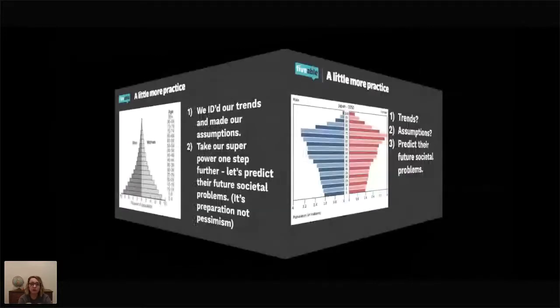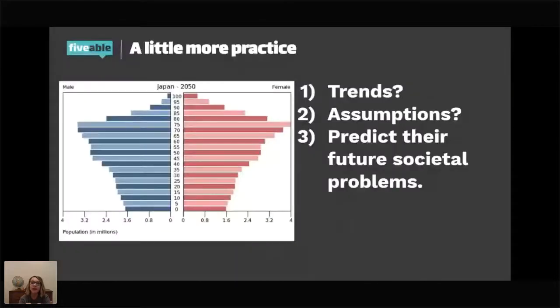So practice our reading. Japan 2050. We've got our males, our females. This time, this is the first one we've looked at that doesn't have percentage of population as our bottom axis. This is actually population in millions. So this is a big change in the pyramid shape that we have looked at before. What are our trends here? We have a large elderly population.